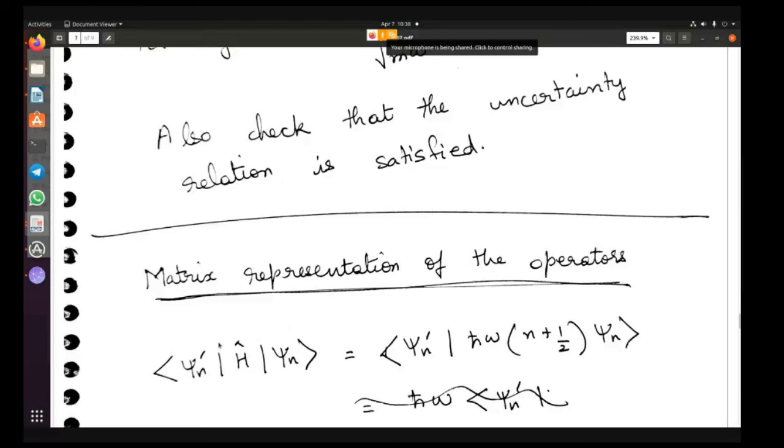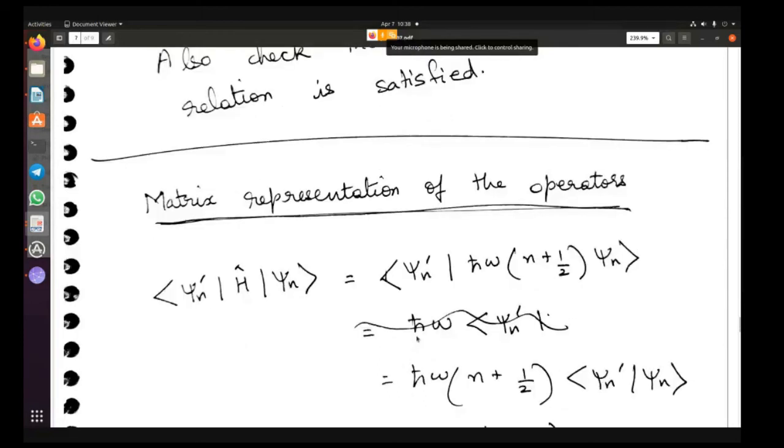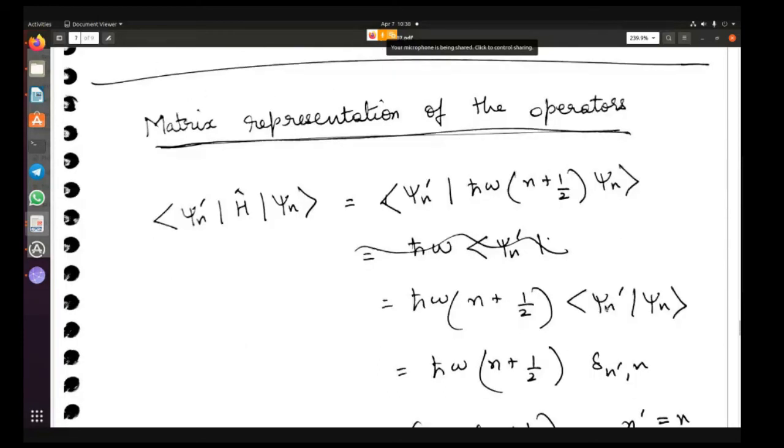If you look at the scalar product of H psi n with psi n dash, and you operate the Hamiltonian on psi n, you will get h cross omega into n plus half into psi n. This is a constant, so you can take it outside, and what you are left with is the scalar product of psi n dash, psi n, which can be written as delta n dash n.